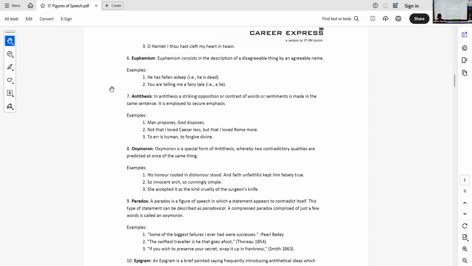So antithesis, please write this down. It can get confusing, identifying an antithesis. Write down: two parallel phrases presenting contrasting ideas. Two parallel phrases presenting contrasting ideas. Okay.